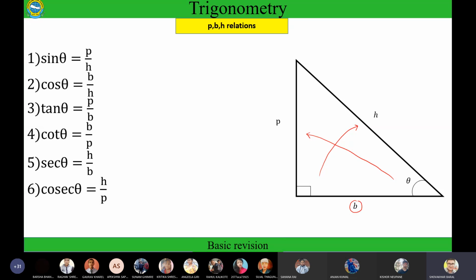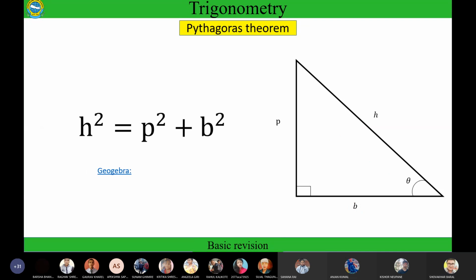The next formula that I am going to discuss is Pythagoras Theorem. Yeah, I think we can use this in multiple angle also. At the very beginning of multiple angle we can use it, but other methods are also a bit easier than this. But we need this Pythagoras theorem.